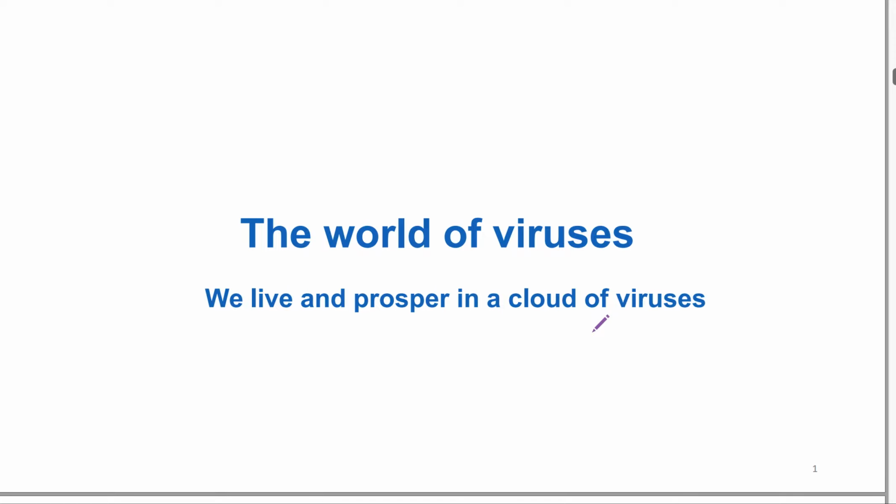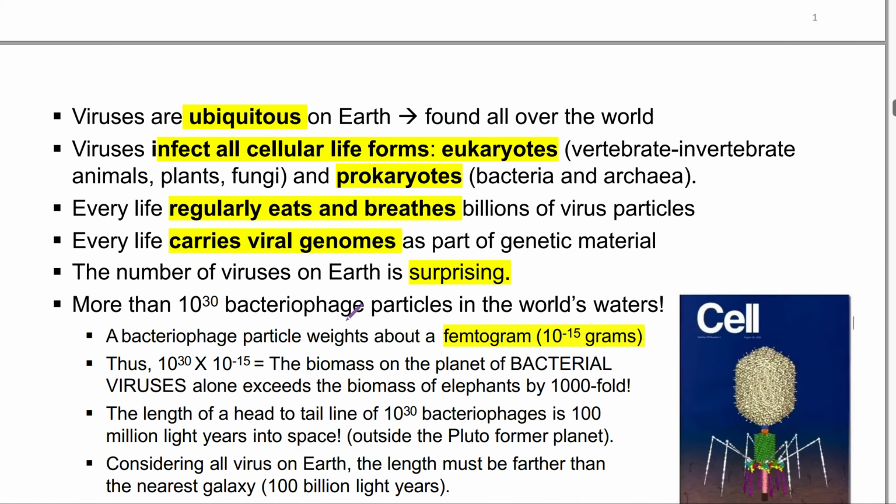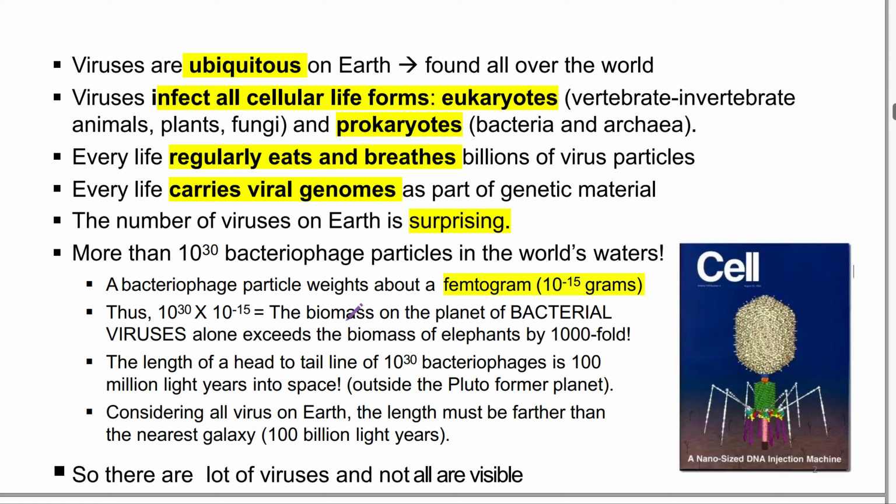So, the world of virus. We live and prosper in a cloud of viruses. To begin with, the important characteristics of the virus. Viruses are ubiquitous on Earth, that means they are found all over the world, and viruses infect all cellular life forms, eukaryotic and prokaryotic.